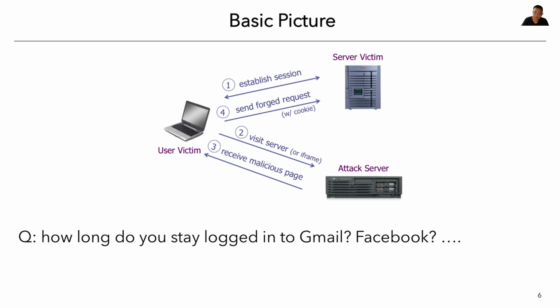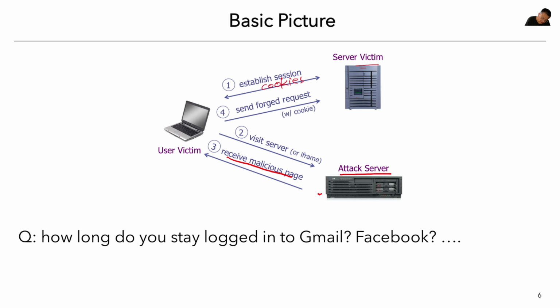So here is a basic picture of cross-site request forgery. The user establishes a session with the server, right? It means the cookies are being exchanged between the user and the server. When the user visits an attack server, it will receive a malicious page.